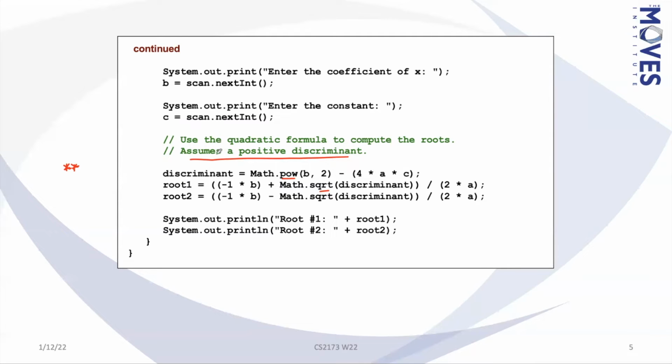Now, here's where things are a little bit wonky, because if you type in values that'll produce a complex number, that is a negative discriminant, then you'll just get a runtime error. So this is a fragile type of thing.